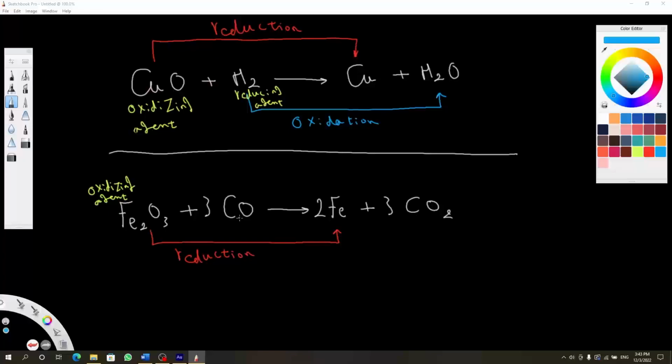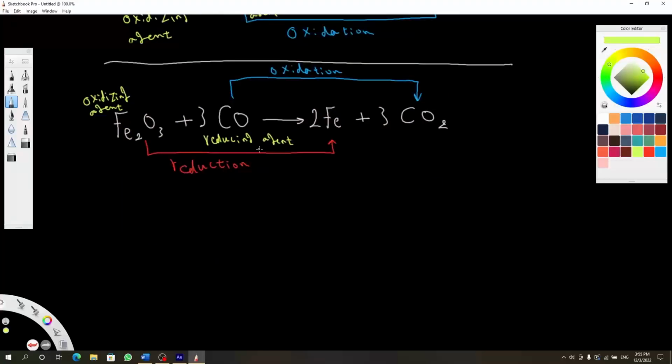As for carbon monoxide, it gained more oxygen. Gaining of oxygen is called oxidation, which means that carbon monoxide is the reducing agent. Here's another example.